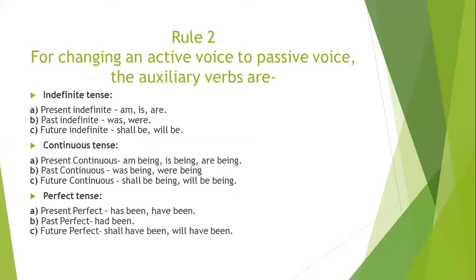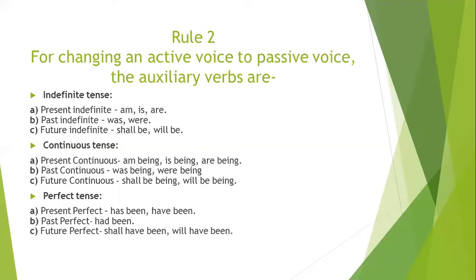First of all, let's see for the indefinite tense how the be verbs or the auxiliary verbs will be. For present indefinite tense, it will be am, is, or are. For past indefinite tense, it will be was or were. For future indefinite tense, it will be shall be or will be.